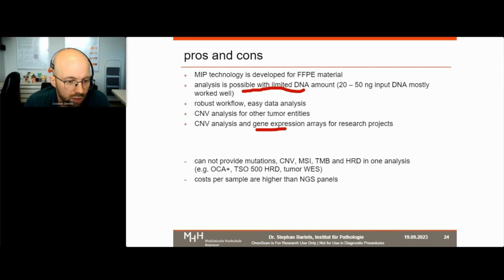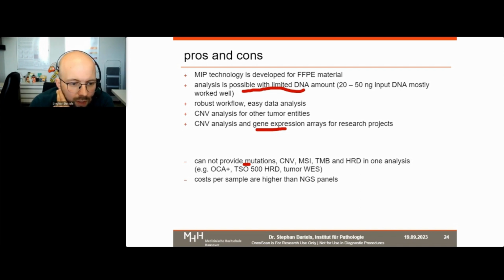The disadvantages: you cannot get the information about mutations. It's not really true, because one version of the OncoScan assay can analyze hotspot mutations in addition, but it's only hotspot mutations. So that's not such a big amount of information.